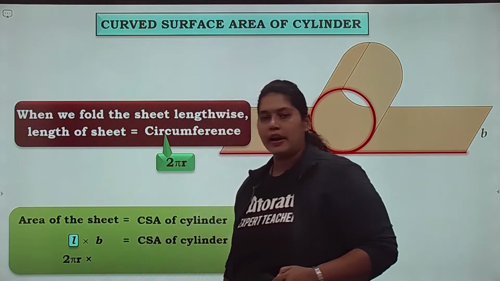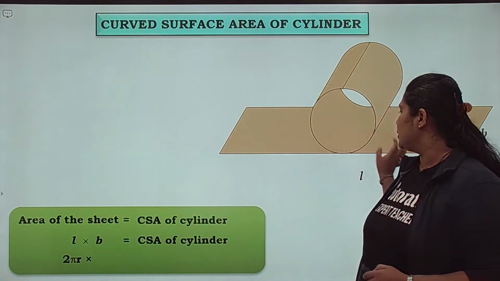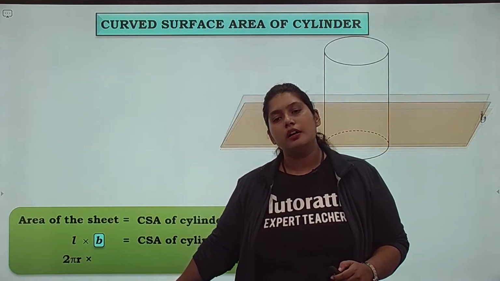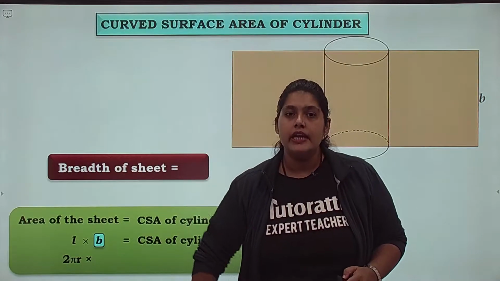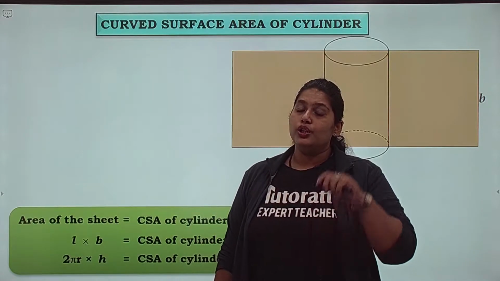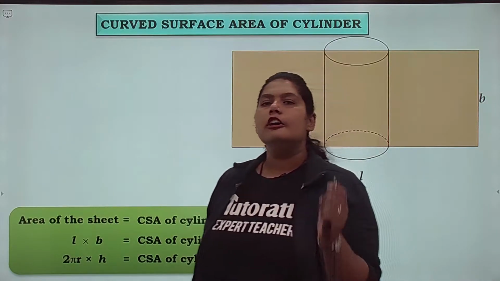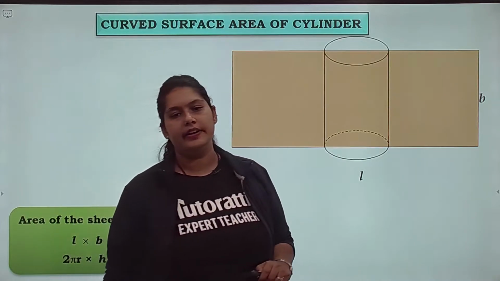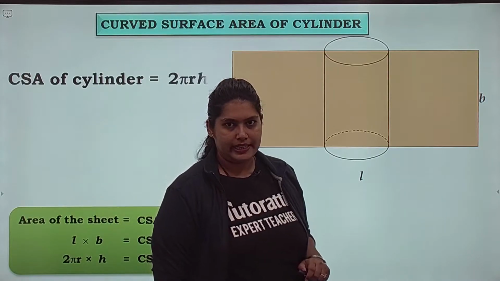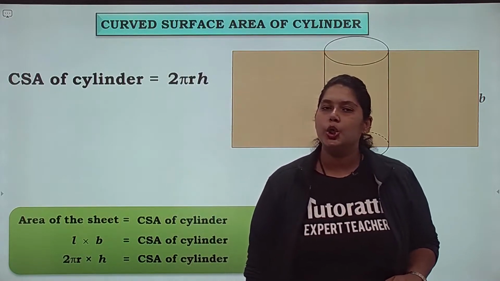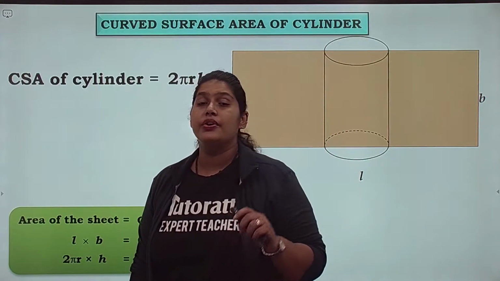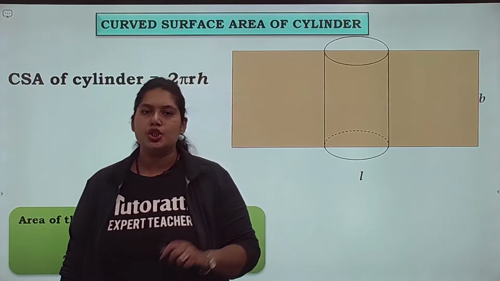L becomes 2 pi r and my breadth will be changed into height. Fine. So what is the curved surface area of the cylinder children? It is going to be 2 pi r h. So the formula is: curved surface area of a cylinder is 2 pi r h. Yes, so what is the formula children? 2 pi r h. The curved surface area of a right circular cylinder is 2 pi r h.